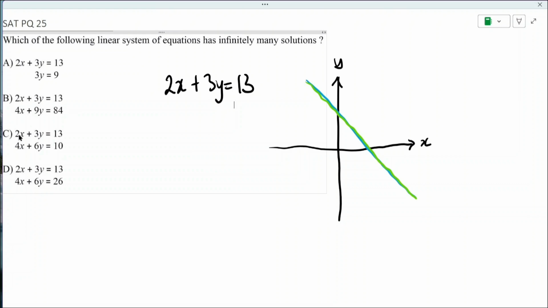Looking at the third option, the coefficient of x here is 2, the coefficient of x here is 4. So 2 to 4, you multiply by 2. Then you go to this 3 to 6, you multiply by 2. That's correct. Then we consider the constant outside. That's 13. You have to also multiply 13 by 2. You're supposed to get 26. Here you have 10.